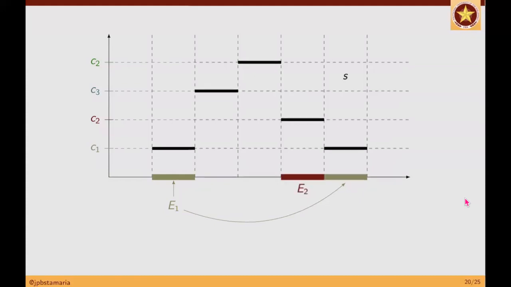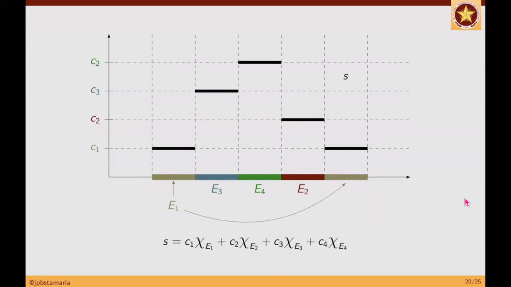Ayan yung E2, kasi pag nandito ka, pupunta ka sa C2. Ito yung E3, at ito yung E4. As you can see, in the end, na-partition mo yung domain into 4 parts. So, therefore, we can write it as simply as C1 chi E1 plus C2 chi E2 plus C3 chi E3 plus C4 chi E4.